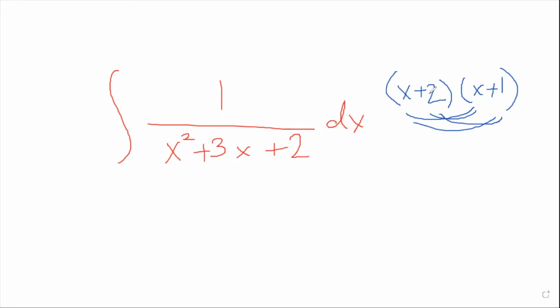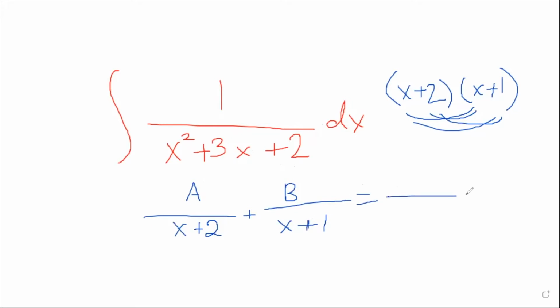So we know that, and we can represent the term inside as some numerator a over x plus 2, and we're going to add b over x plus 1. In the end of the day, we have to get the polynomial that we had from before, and we have to have 1 on top.